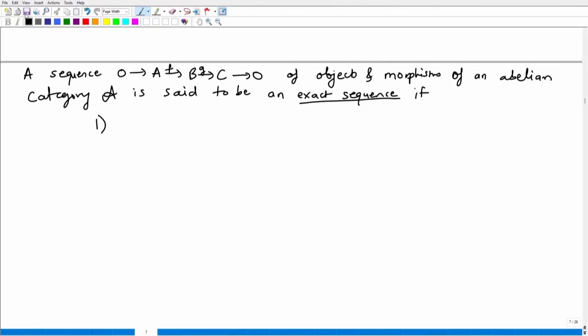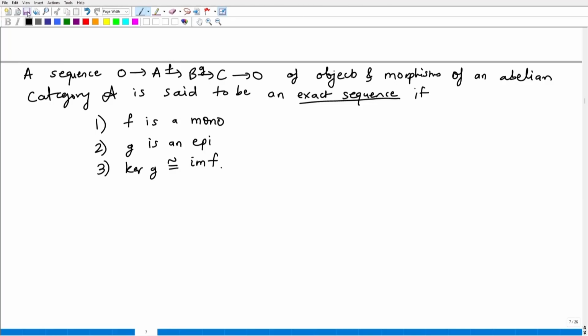This is said to be an exact sequence if F is a monomorphism, then G is an epi, and third, that the kernel of G is isomorphic to the image of F. Normally, if you have seen this definition of an exact sequence somewhere else, then you will say the kernel of G is equal to the image of F. But here we are treating kernel and image as morphisms.